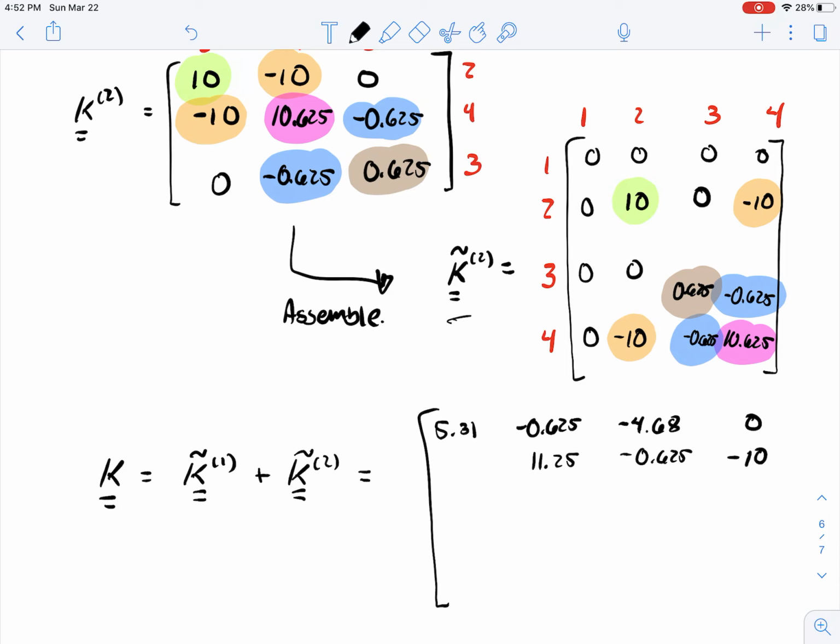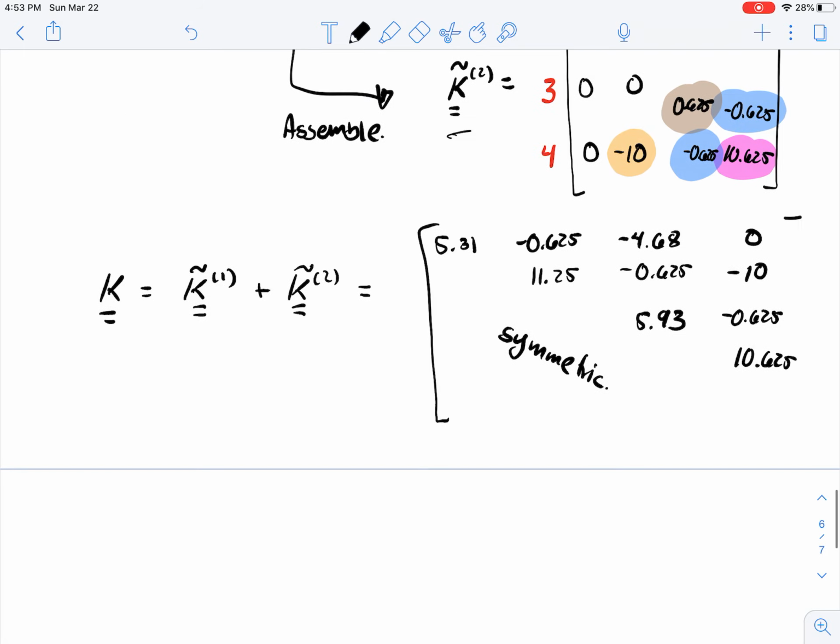I'm only going to do the upper right. That's it. And then it's symmetric, so I don't need to put it. So that's my global stiffness matrix.